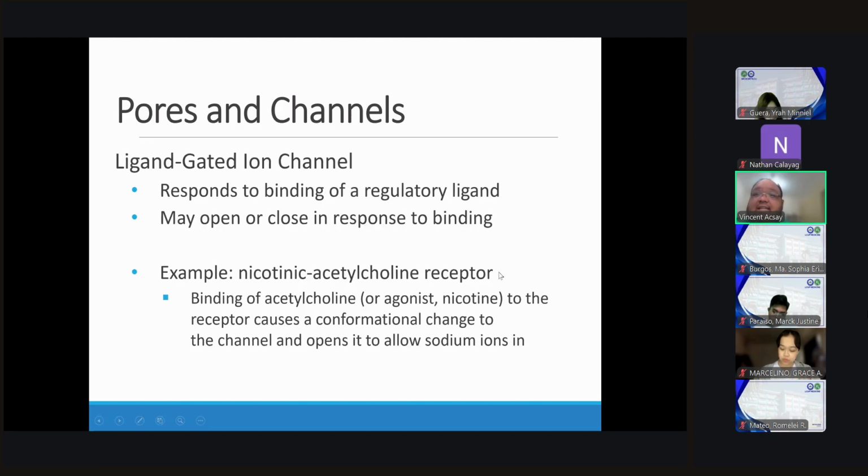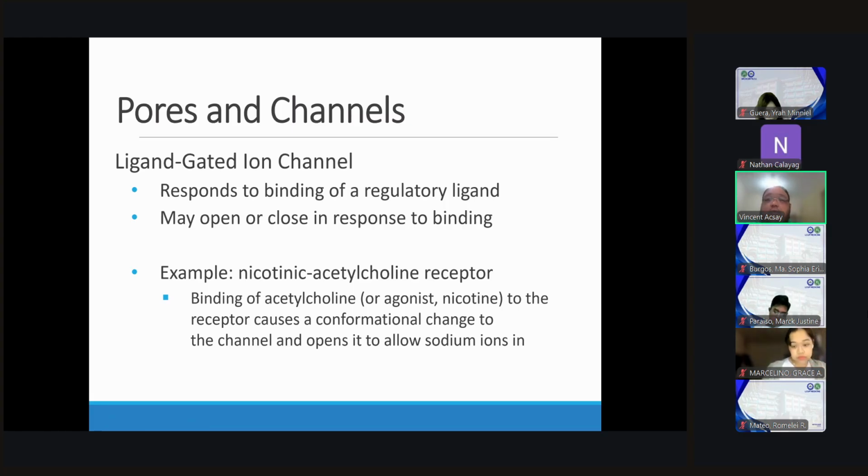Next is the ligand-gated ion channel, whose trigger is not a change in concentration, but binding to a regulatory ligand. That ligand produces an effect that changes the conformation of the channel, which may then open or close in response to the binding. An example of this is the nicotinic acetylcholine receptor.